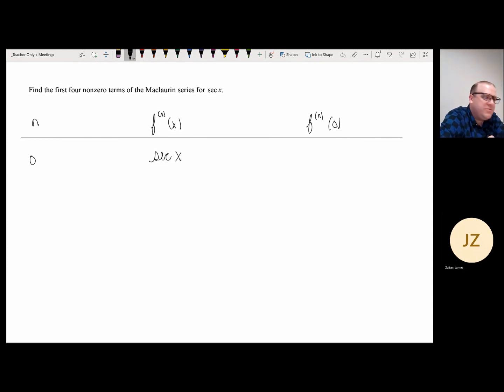What is secant of 0? Oh, 1. Oh, good. That's non-zero. I'm just going to put like a little 1 in parentheses there to signify that's the first non-zero term. Derivative of secant.